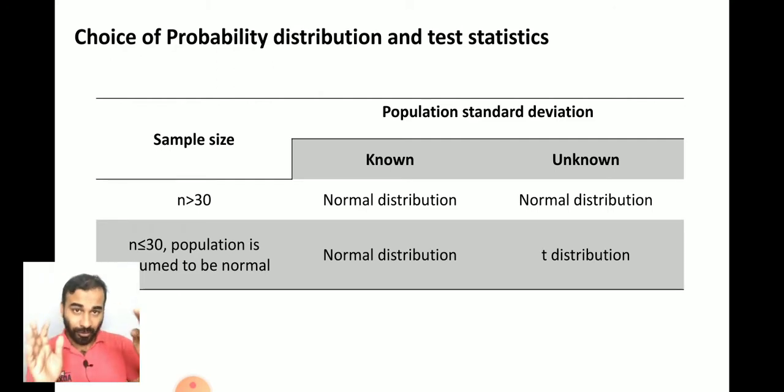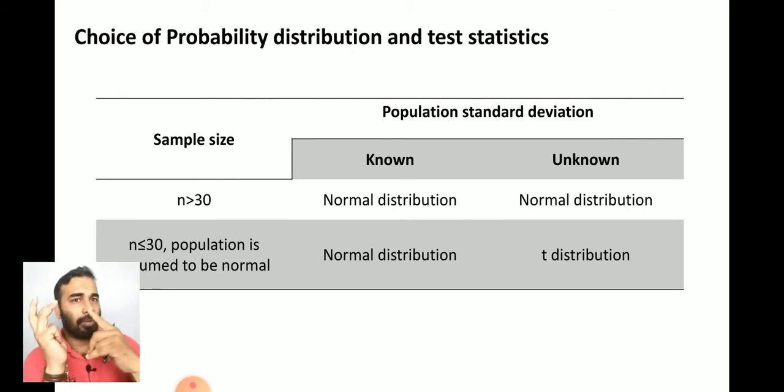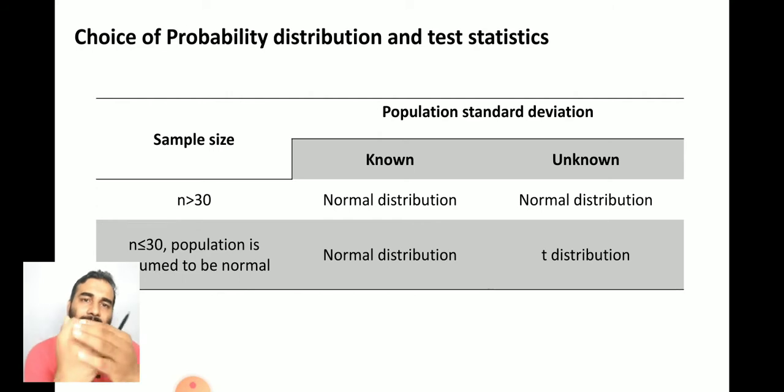So there are four different cases. First case is the sample is greater than 30 and you know the population standard deviation, go for the normal distribution. Sample is greater than 30 and you still don't know the population standard deviation, you can still go for the normal distribution. Then the sample is less than or equal to 30, but the population is assumed to be normal, and if you know the population standard deviation, again you can go for the normal distribution.